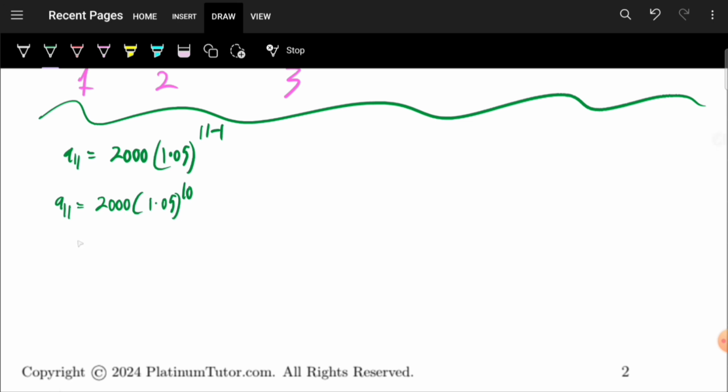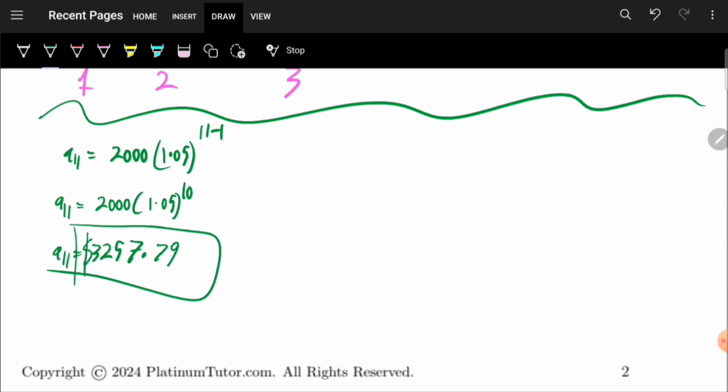A11 is 3,257.789, so I'll round to $3,257.79. This is how much your investment would be worth after 10 years.